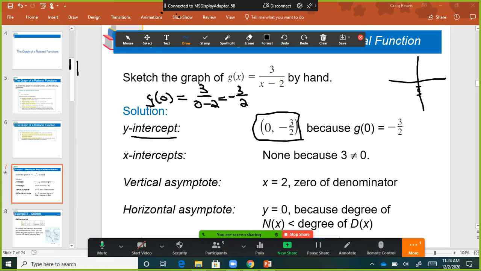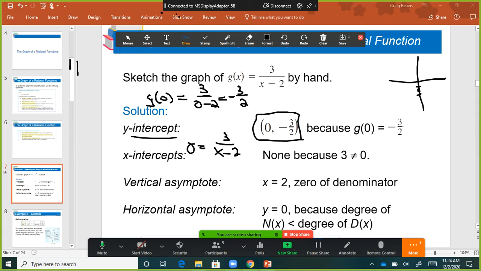All right, x-intercepts. If I replace the g of x with 0, x-intercepts come from whenever 0 equals 3 over x minus 2. What would cause that to be equal to 0? Well, since there's no variable in the numerator, we can't ever get that fraction to be equal to 0. So there are no x-intercepts. So this never crosses the x-axis, right?